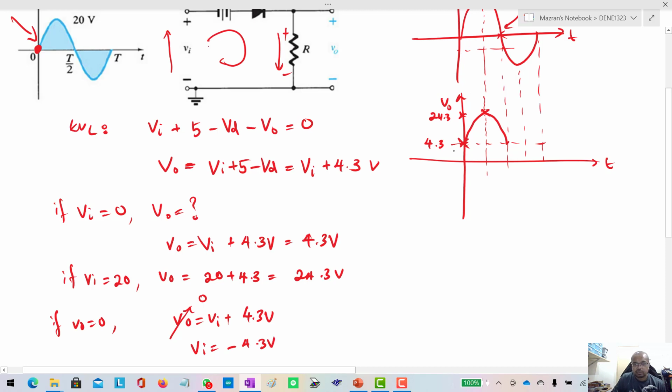So when V out is equal to 0, which is about here and probably here, V in is minus 4.3. If I draw it correctly, it was here.